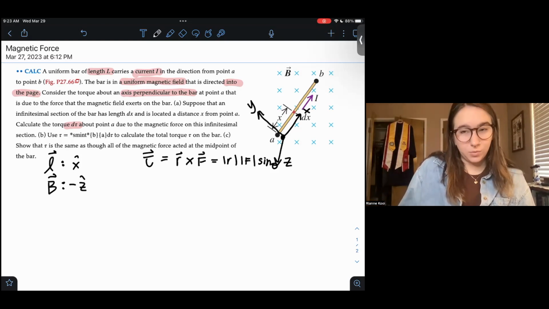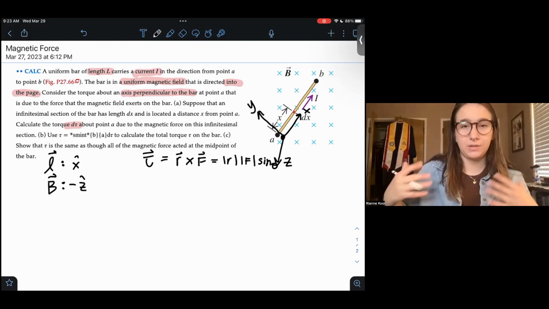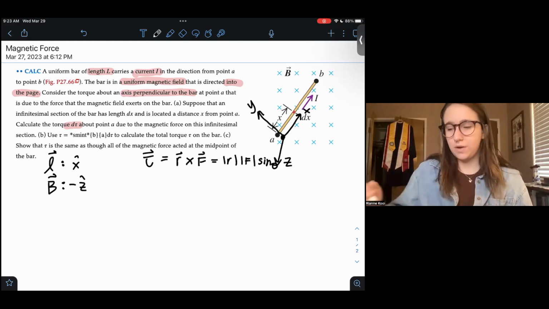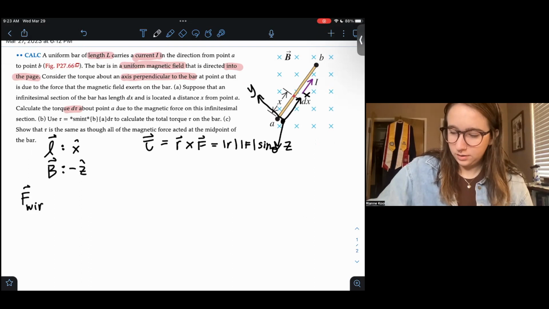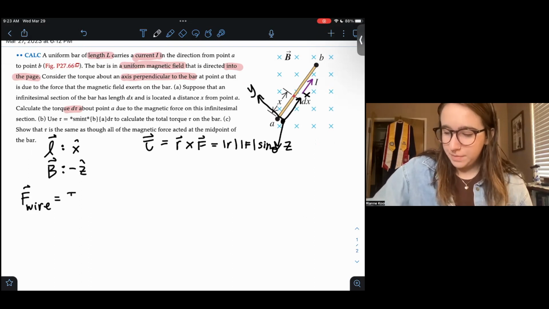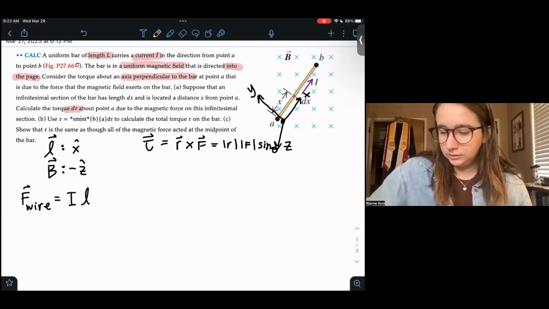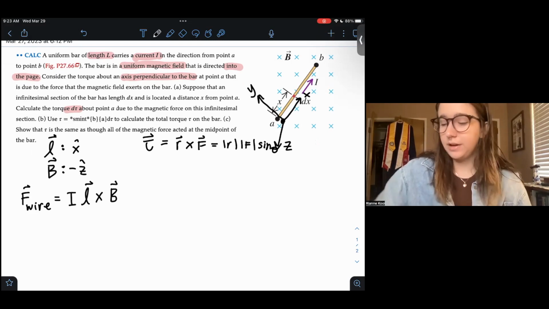So that's one definition, but we want to find F first, because we're trying to find the d tau due to this magnetic force that is being exerted from the magnetic field. The equation that we use for that is F wire is equal to big I L vector cross B vector.